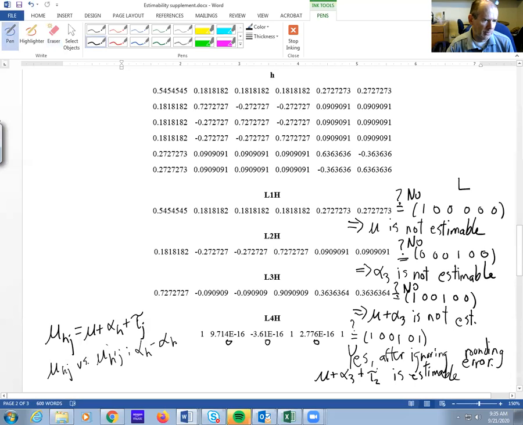So anything that has a form like that where we're comparing two groups at the same time or comparing two times within a group, those kind of effects are usually estimable as well. So these things are estimable. So what this does is it just gives us a foundation for understanding what we can estimate.